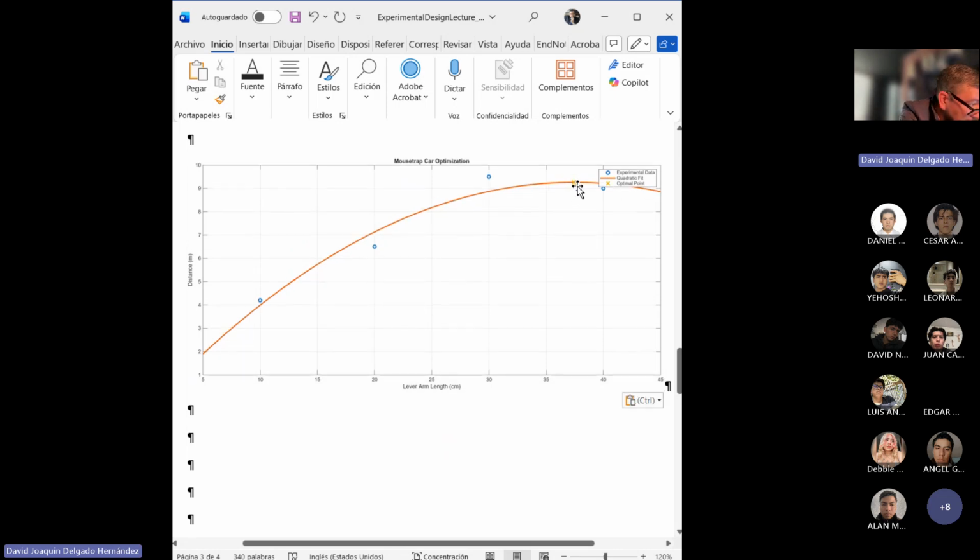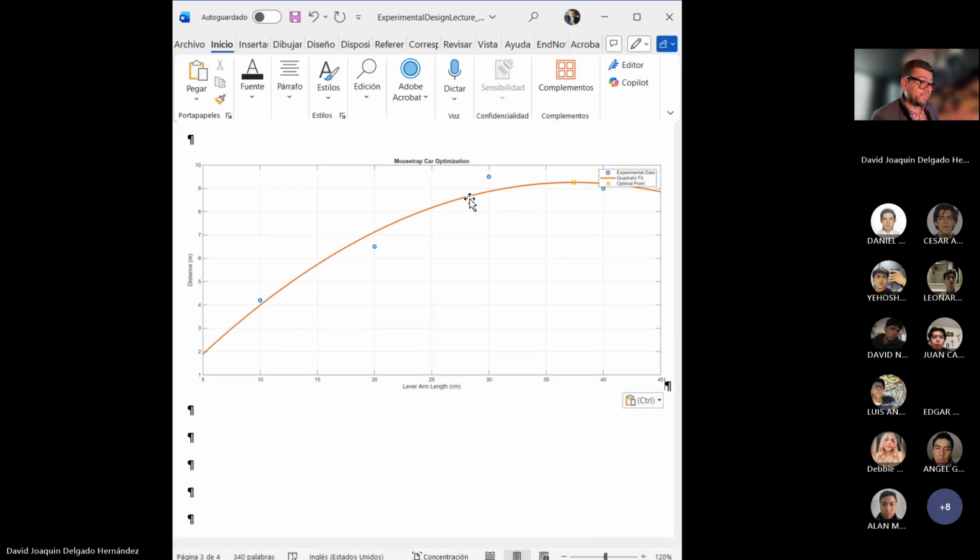And there is one point here, which is the optimal, and that is the maximum. So if you see, this is not a straight line, but a curved line, okay? It is a second degree equation, right? This is a curve.